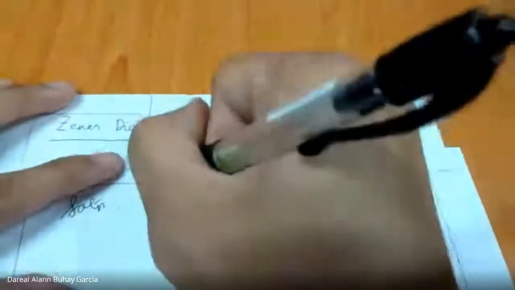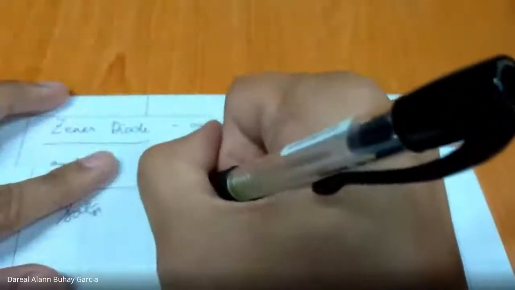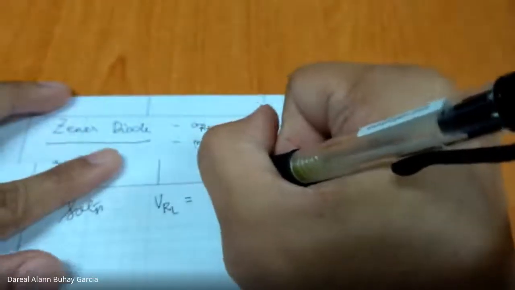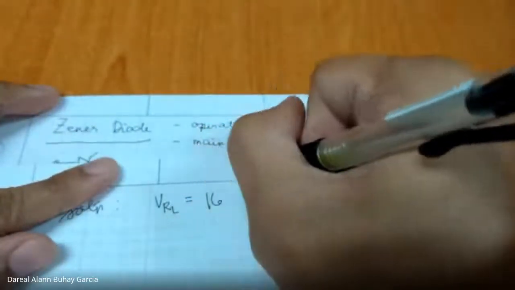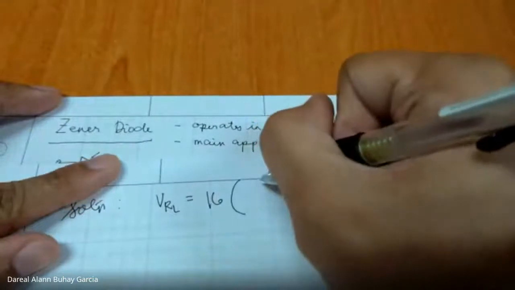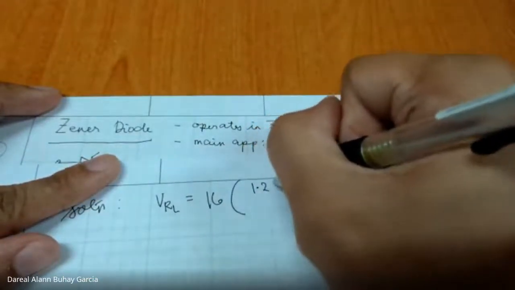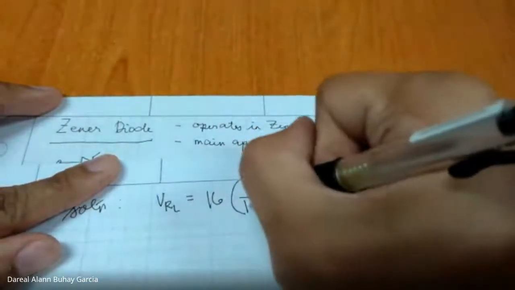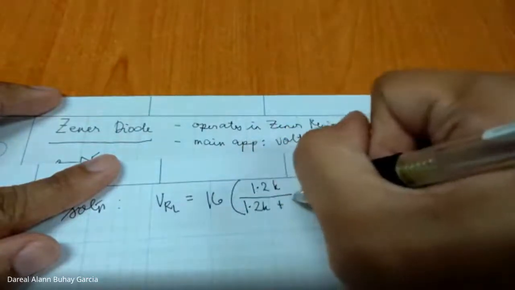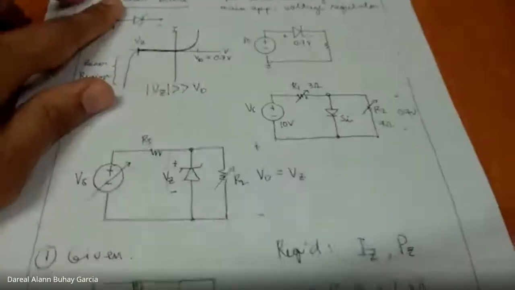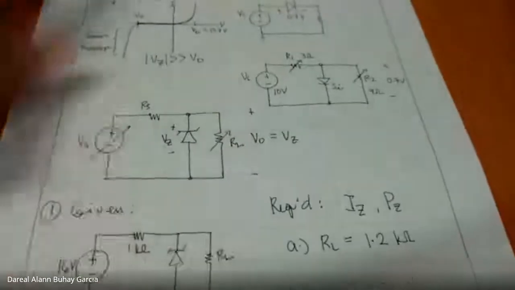VRL by voltage divider is equal to 16 times 1.2K over 1.2K plus 1K.